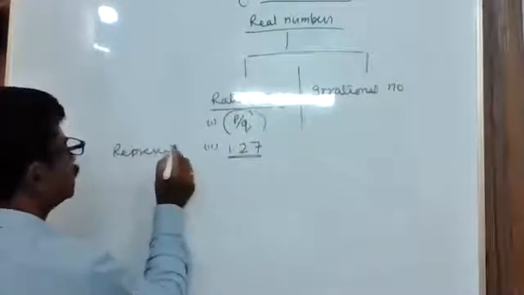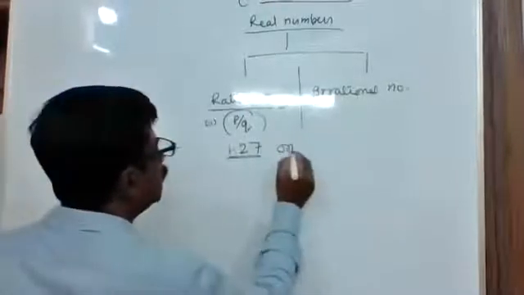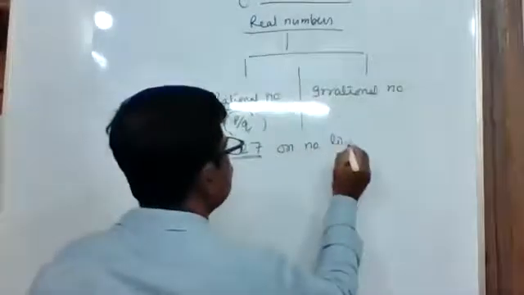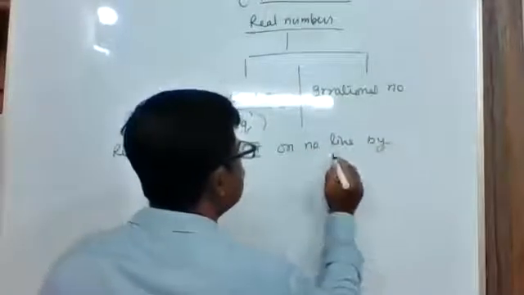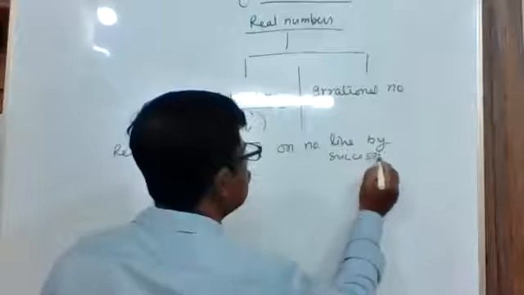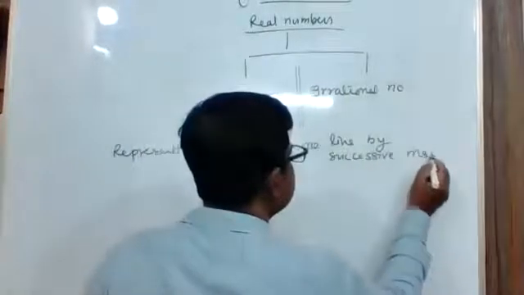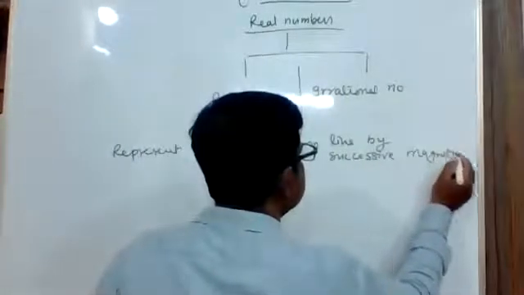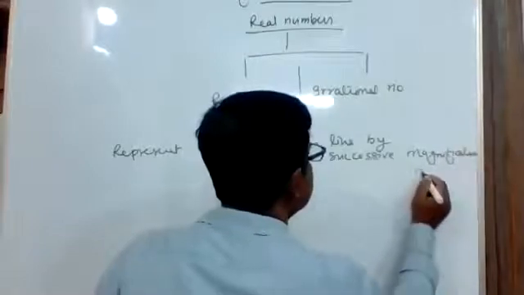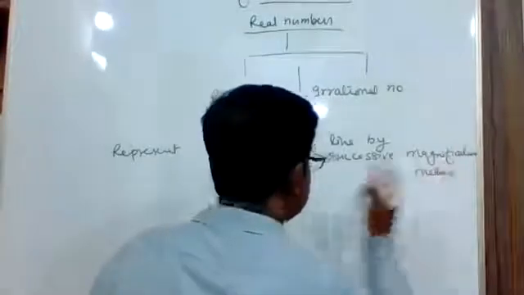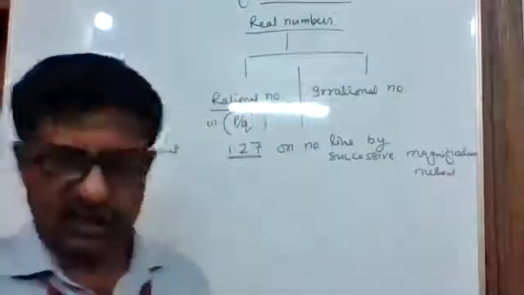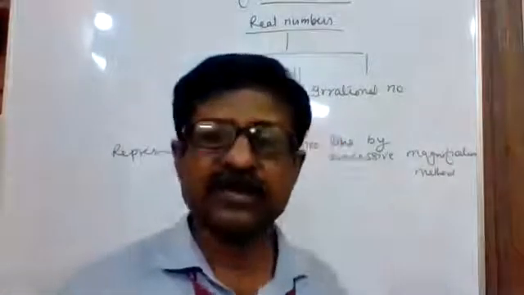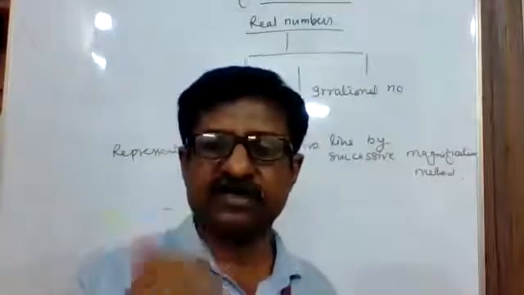Represent 1.27 on number line by successive magnification. This method is known as successive magnification method.